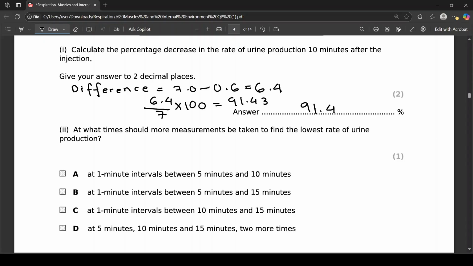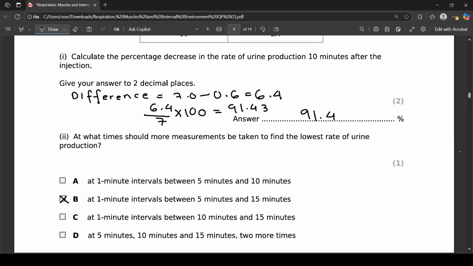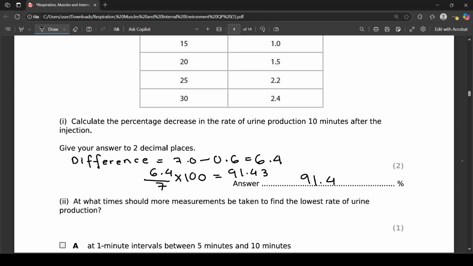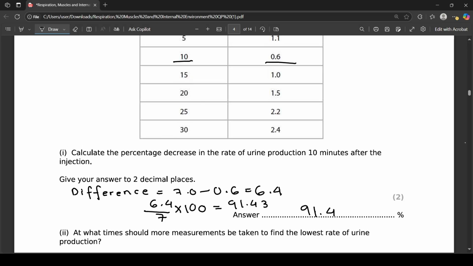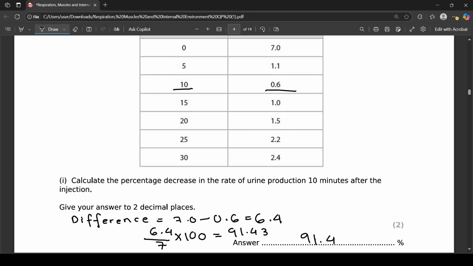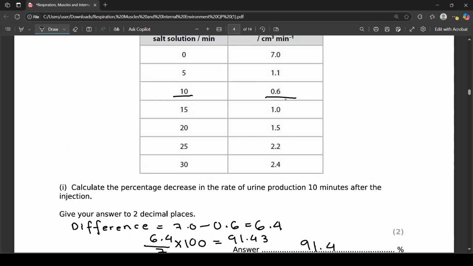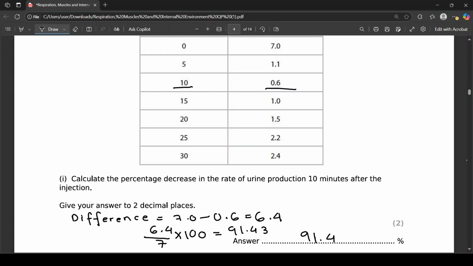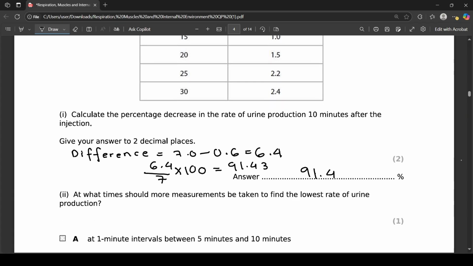So our answer would be B, at 1 minute intervals between 5 and 15 minutes, because if you see, the urine production between 5 and 15 minutes is the lowest.